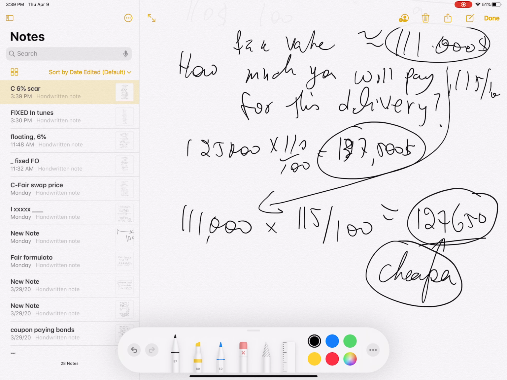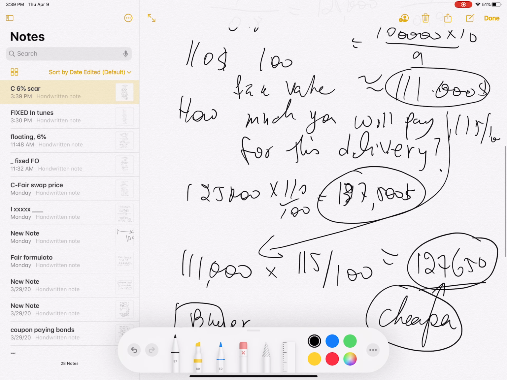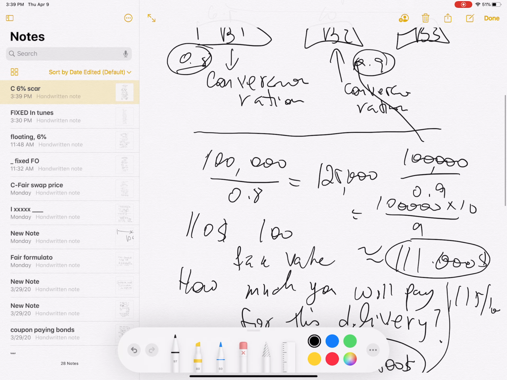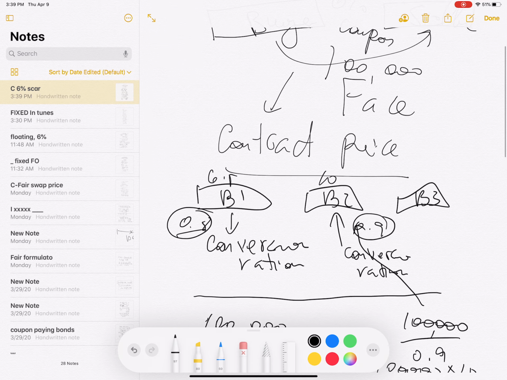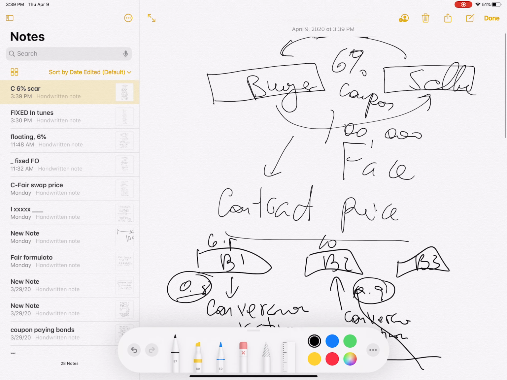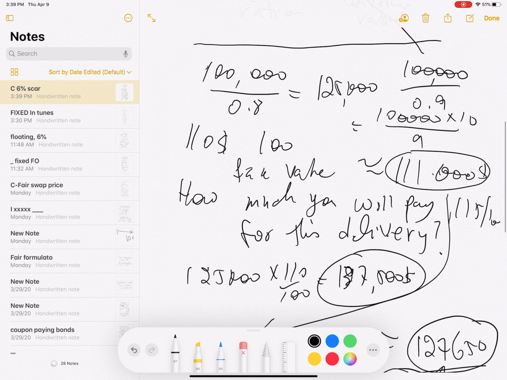Okay? The seller is going to pay this amount of money to buy this bond in the market and then deliver it to the buyer. Now, what about the buyer? How much is the buyer going to pay? Well, the buyer pays whatever the contract specifies. I did not specify here the price of the contract. Let's say the price is 130.